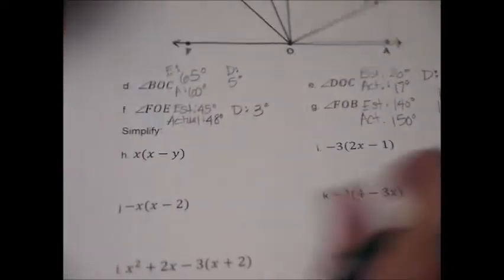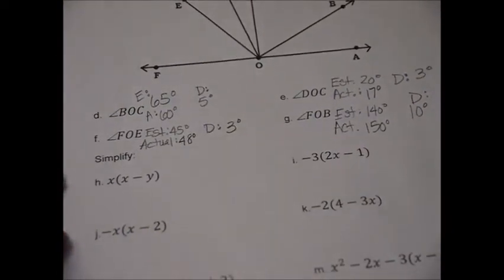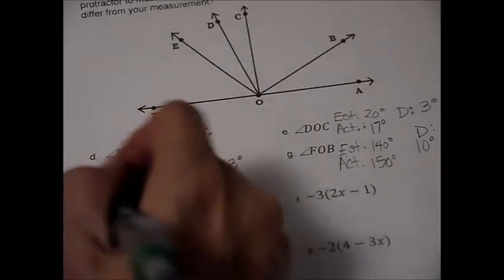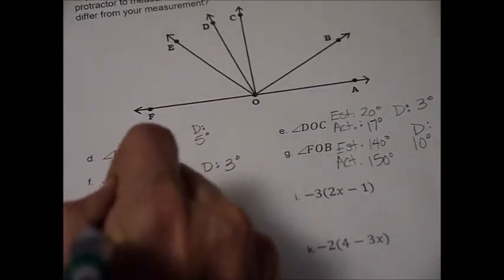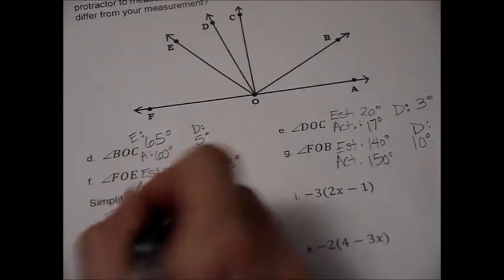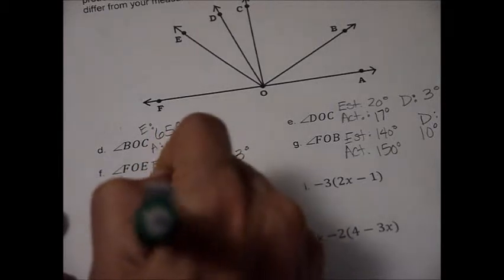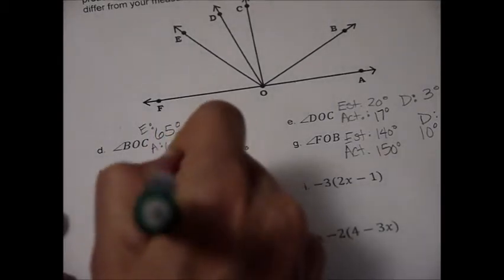All right, now I'll switch gears. These will go faster. We're doing the distributive property. And so we're going to multiply that through. So it's x times x is x squared, and x times negative y, so we say minus xy. Okay.